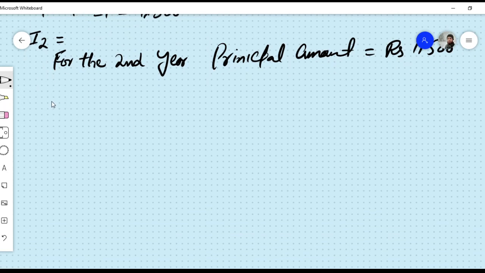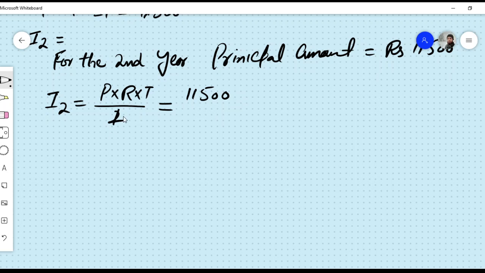Now interest for the second year will be principal amount into rate into time divided by 100. But you should remember, I am calculating for 1 year, for which the principal amount is 11,500.